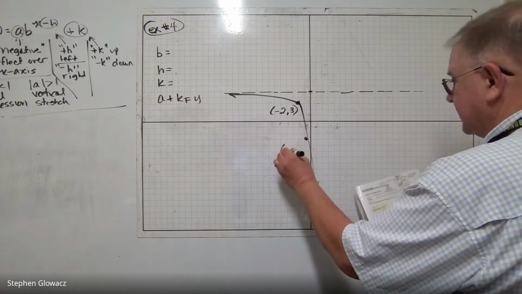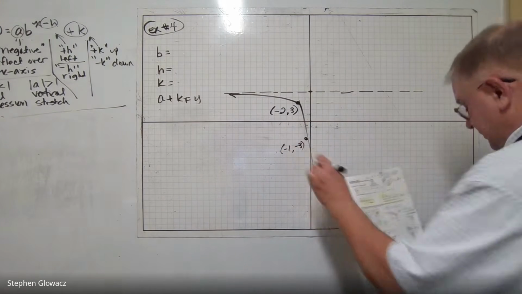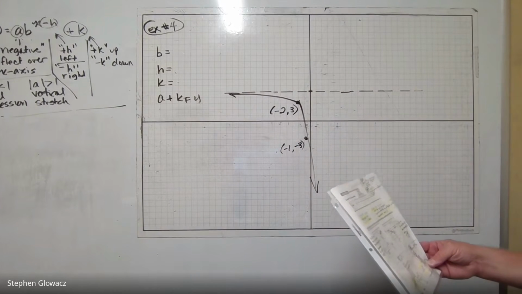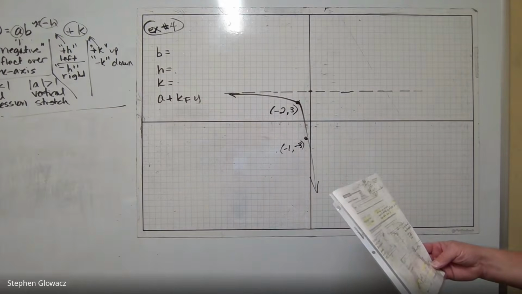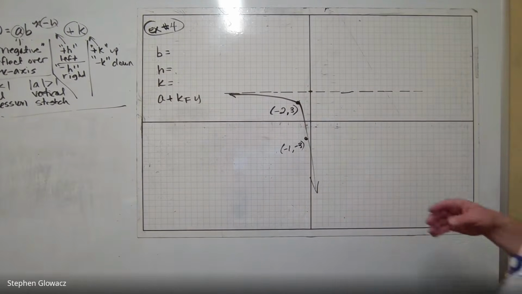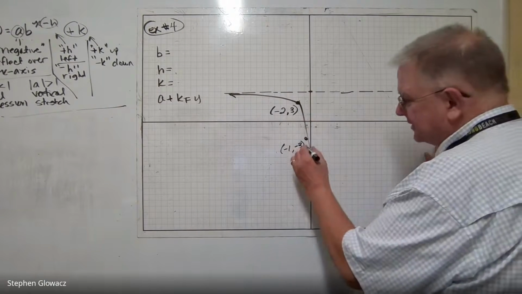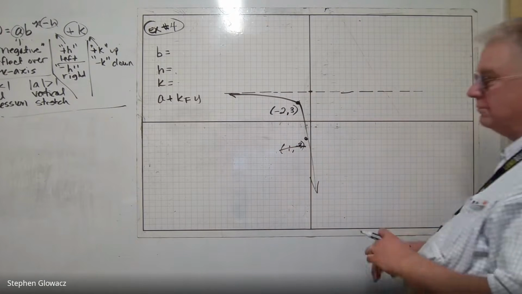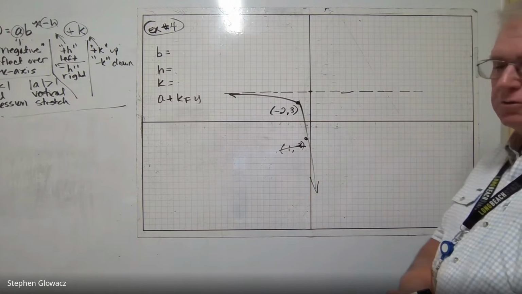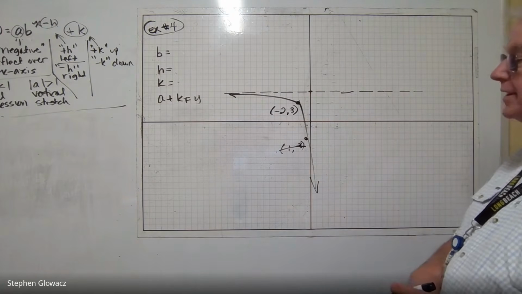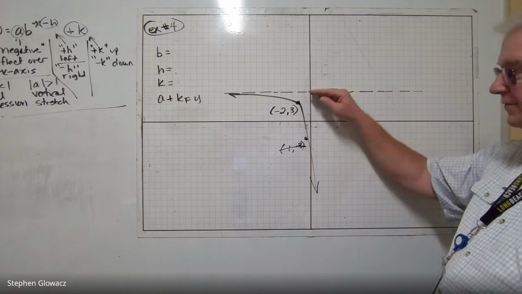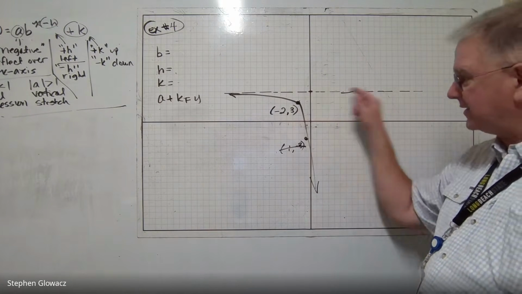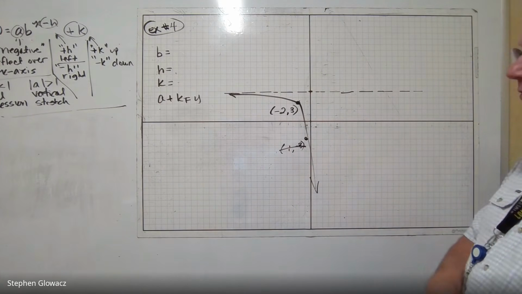Let's go ahead and sketch that in here, just so we get practice with that. Let me just double check, make sure that's right. Yeah, that looks good. Just because you're going to see it there, we'll put it there, but just as quickly we're going to cross it out, because that second reference point, the one that's furthest away from the asymptote, is not going to come into play.